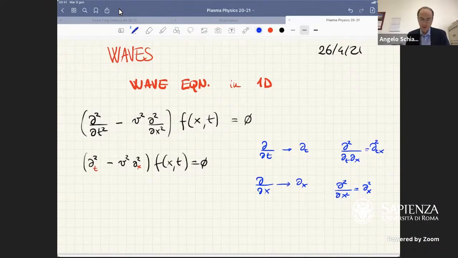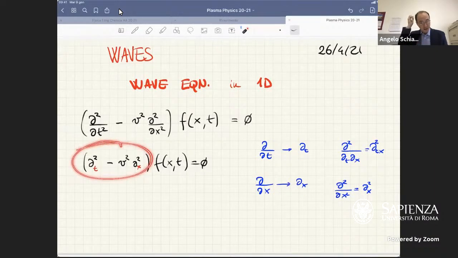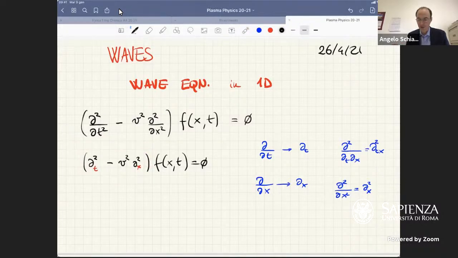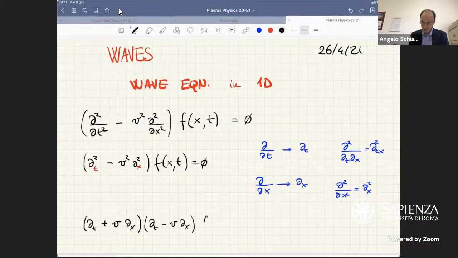Allora, so let's go back to English, and this differential operator here is the wave operator. We can factorize it into two other differential operators. So we can write this as the time derivative minus or plus v derivative with respect to x, which multiplies the time derivative minus v derivative with respect to x applied to the same function.